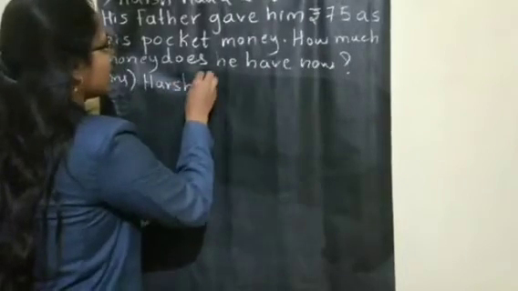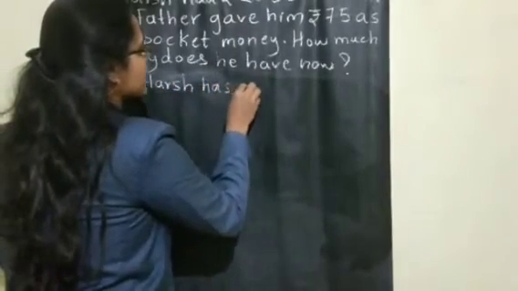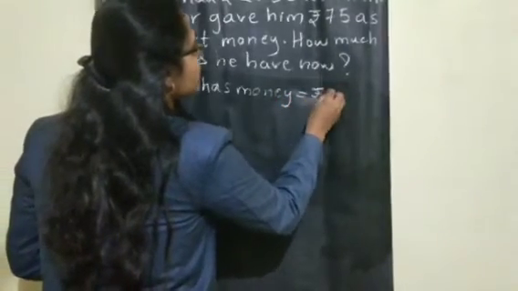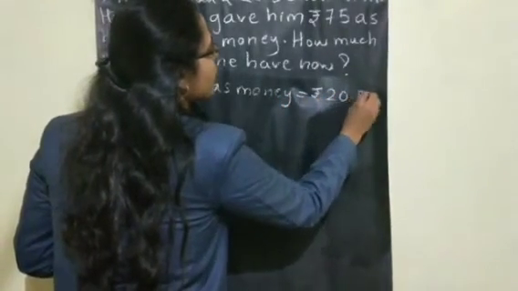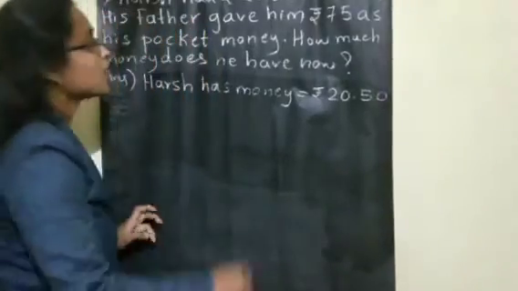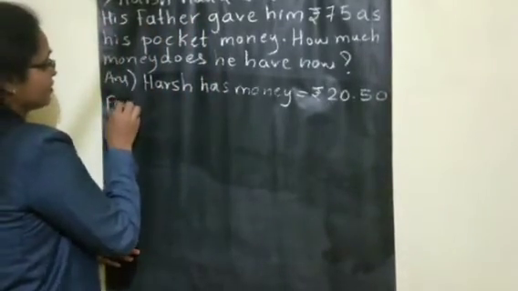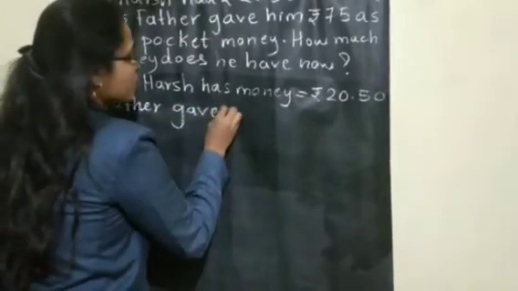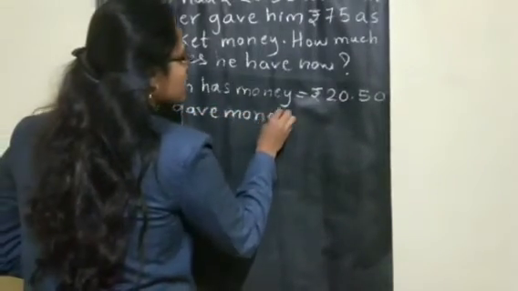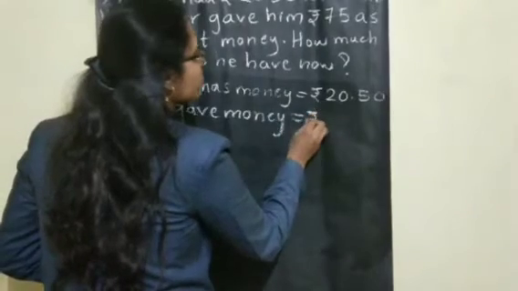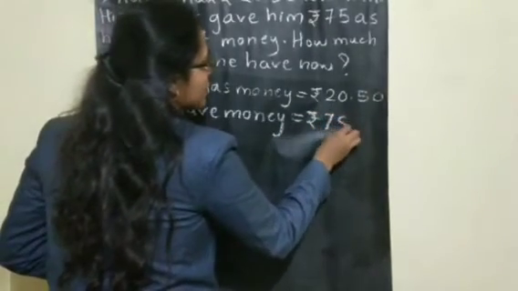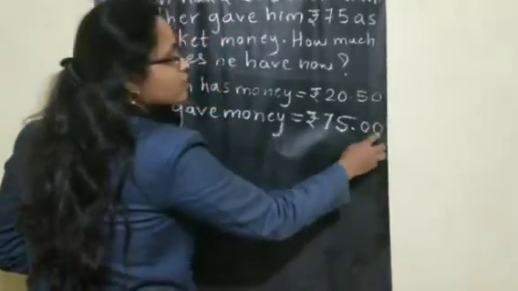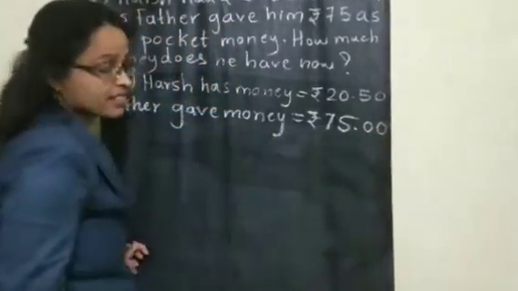Harsh has money is equal to rupees 20.50. Father gave money. How much money did the father give, children? Rupees 75. So .00 we have to write in the place of paise, children.